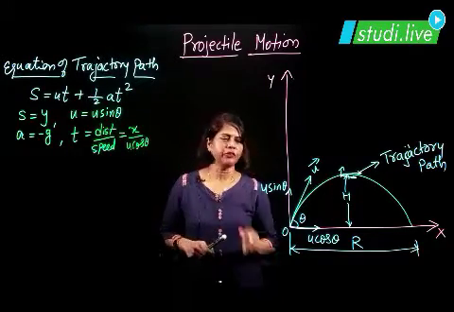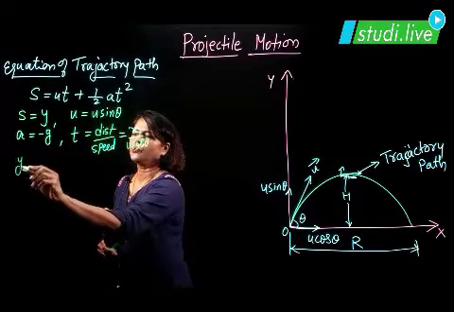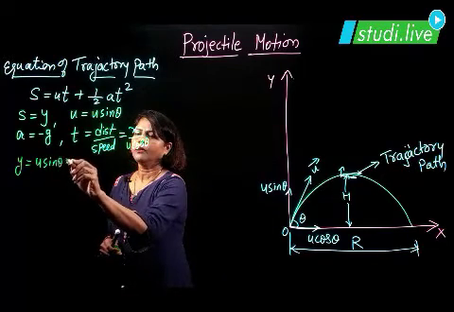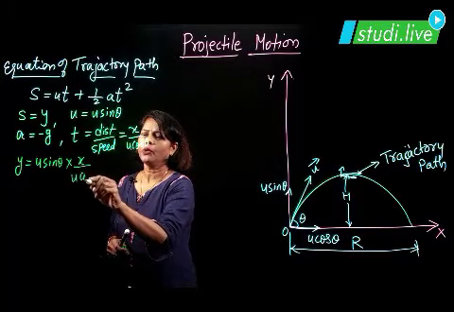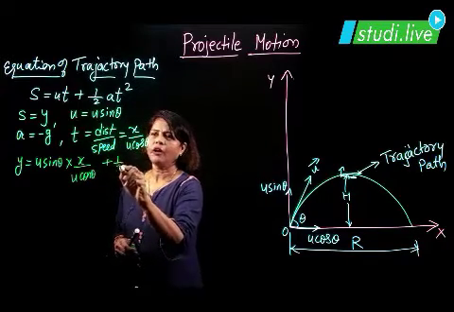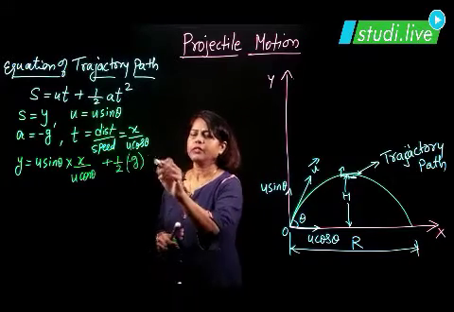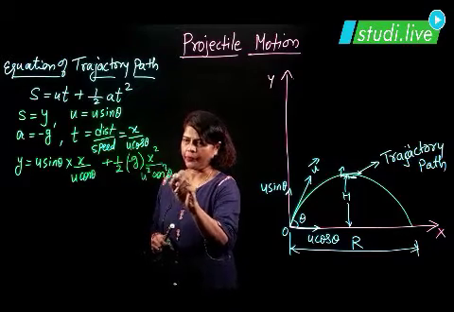After substituting everything, we can get the equation of trajectory path. As you can see here, instead of S we are going to substitute y. Instead of u we are going to write u sin theta, and in place of t we will write x upon u cos theta, plus half, and a, acceleration, is what? Minus g, and t square is x square upon u square cos square theta.